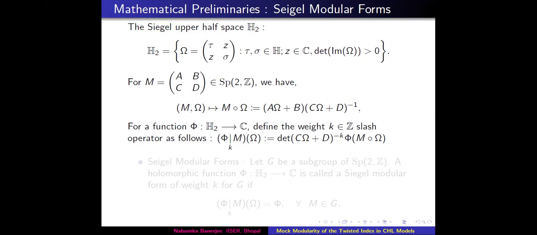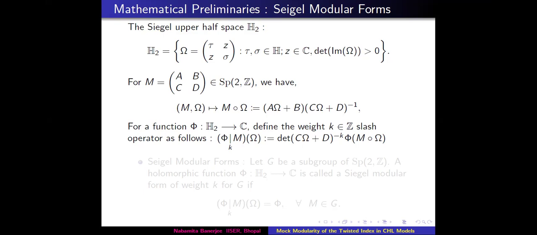So these guys act on omega like this. So it gives us (A omega plus B) times (C omega plus D) inverse. And of course, these are symplectic matrices, so A, B, C, Ds are not absolutely independent. They satisfy certain conditions, like in that case, AD minus BC was 1. Here also there are constraints. But we know that. Okay? Those are known. Now let's take a function which is mapping from H2 to C, and again define a weight K, which can be any integer, and an operator of this kind.